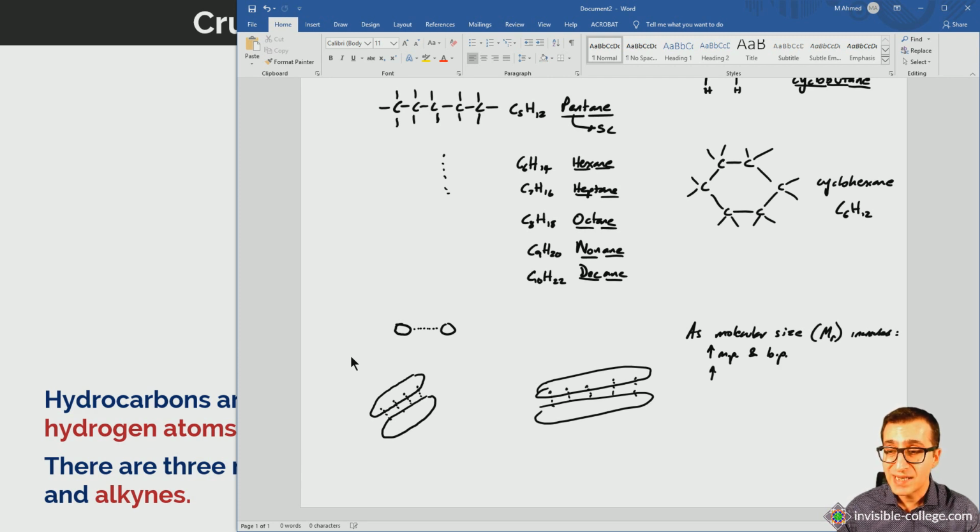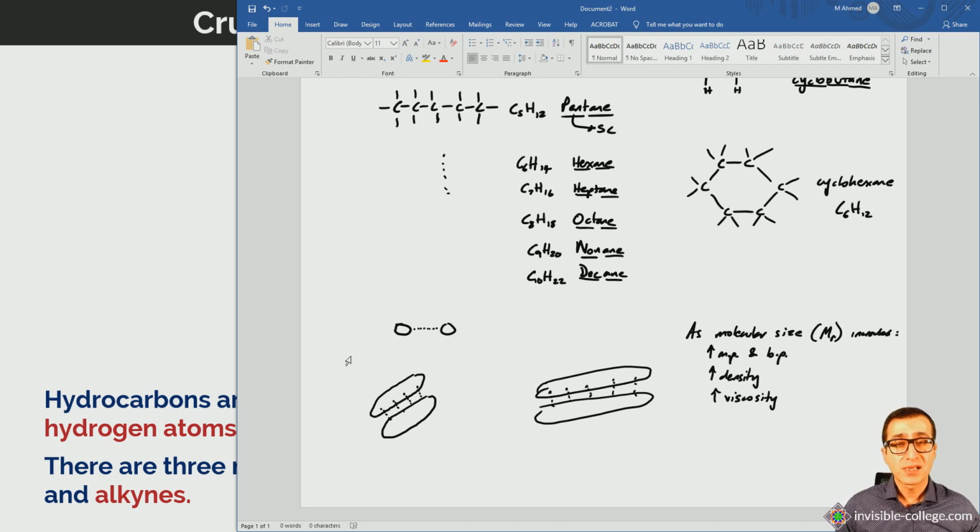You also get increasing density. If you're dealing with liquids, you get an increasing viscosity. Viscosity is a measure of the thickness, if you like, of a liquid. The more viscous a liquid is, the less easily it flows. So viscosity increases with increasing molecular size.